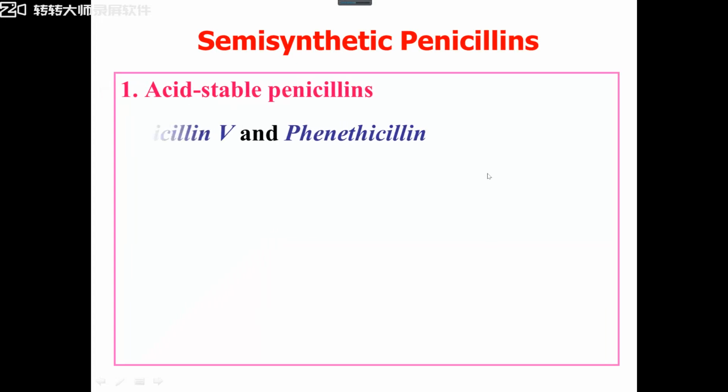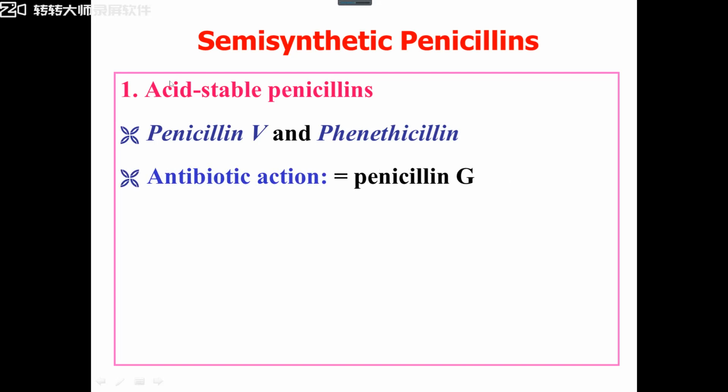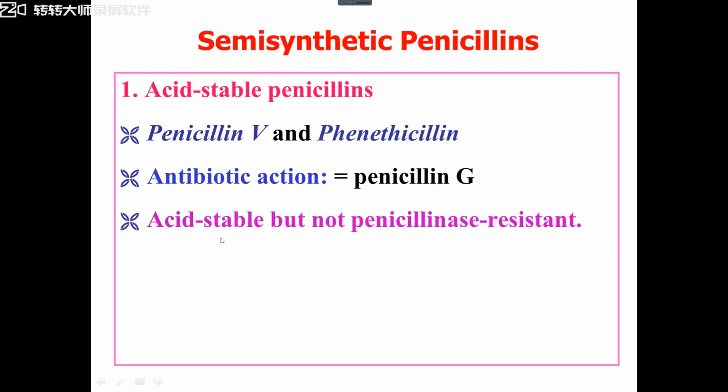Acid-stable penicillins include penicillin V, and the most widely used drug in this type is penicillin V. Its antibacterial action is similar to penicillin G: it kills gram-positive cocci and bacillus, gram-negative cocci and spirochetes.